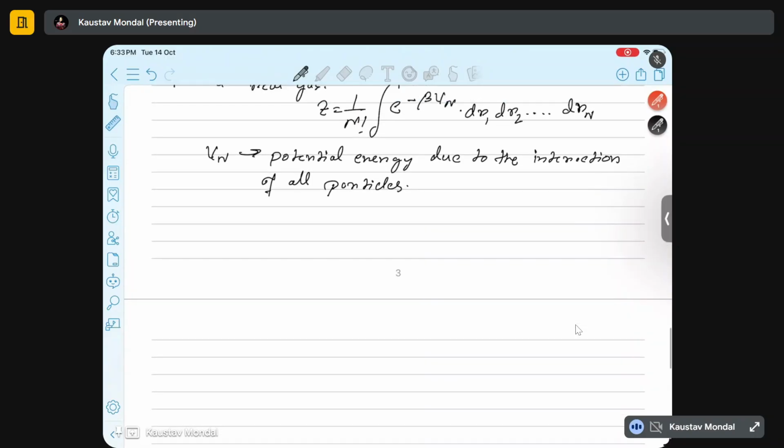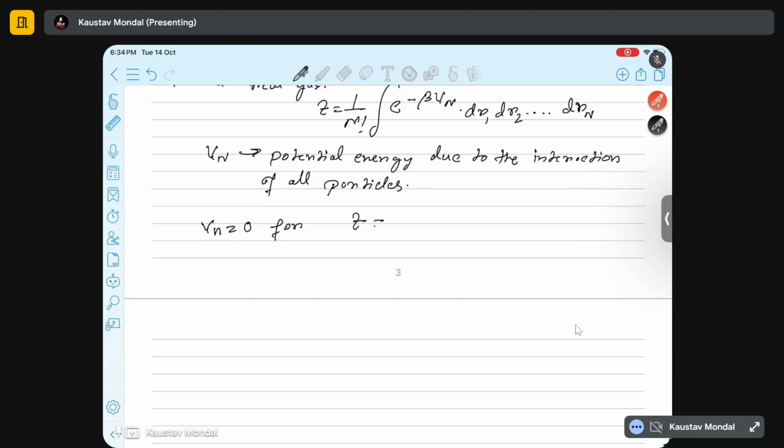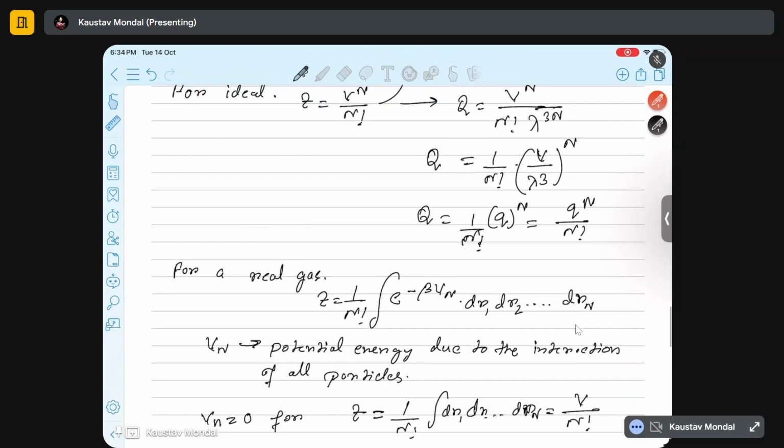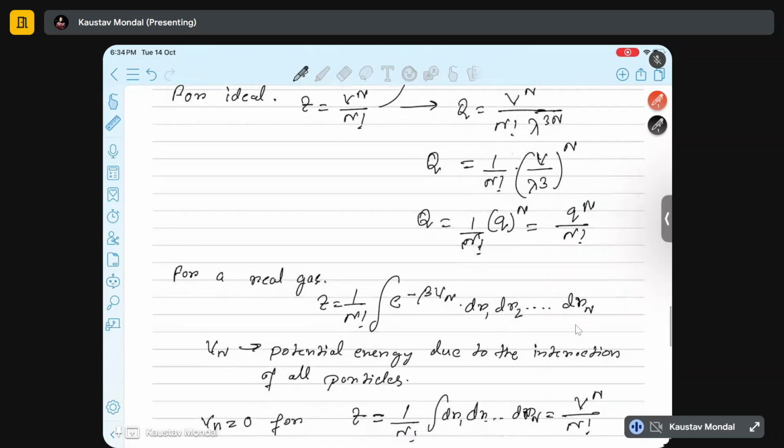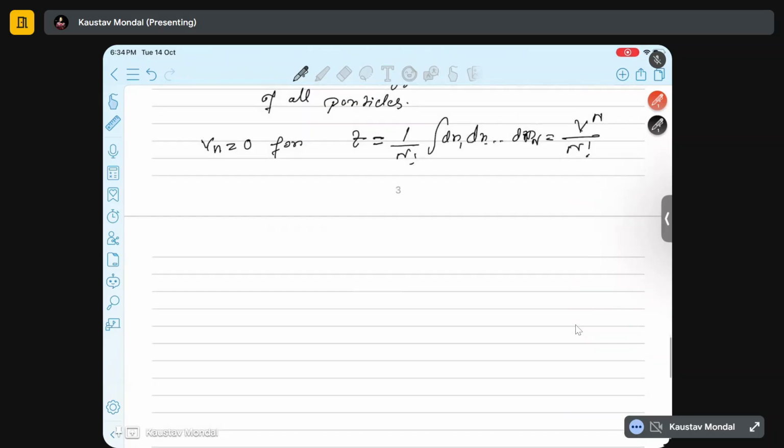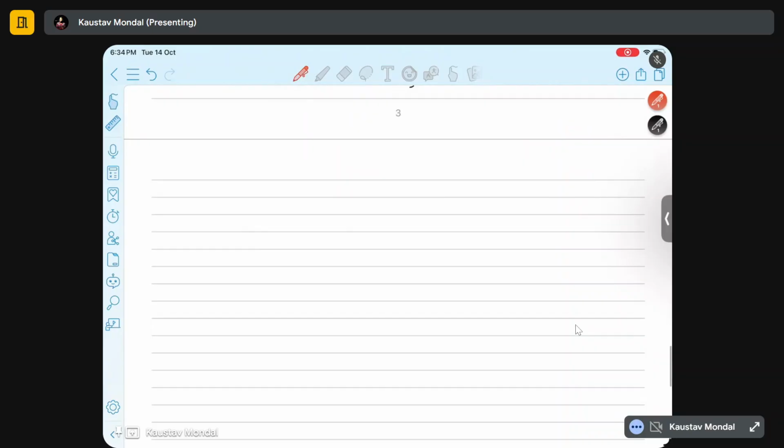For perfect gas, we know V_N is equal to 0. For ideal gas, that basically ends up with 1 by N factorial times the integral of dr1, dr2, up to drN. If you do the integration, this gives you the whole volume of the container, V to the power N by N factorial, that we have just calculated. Right? Okay.